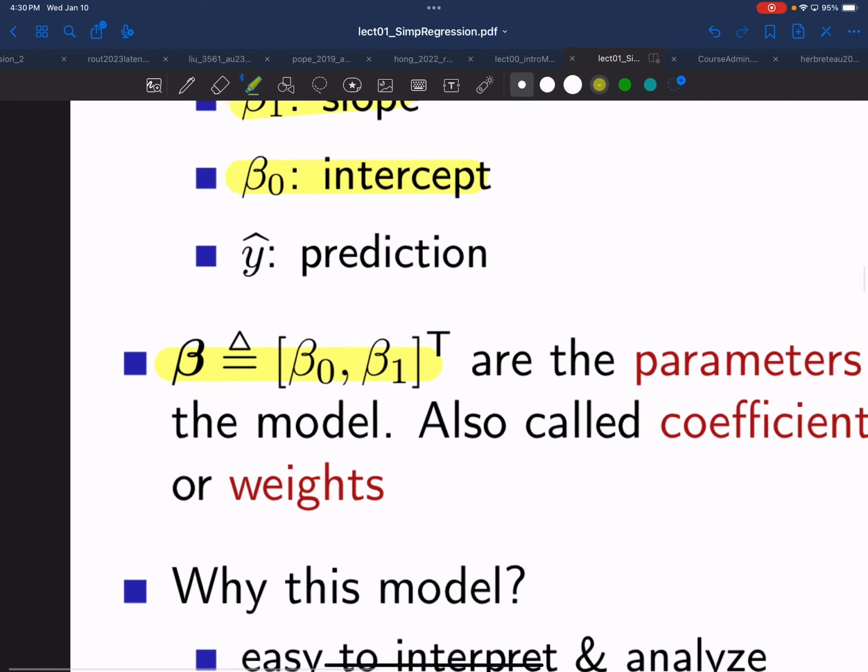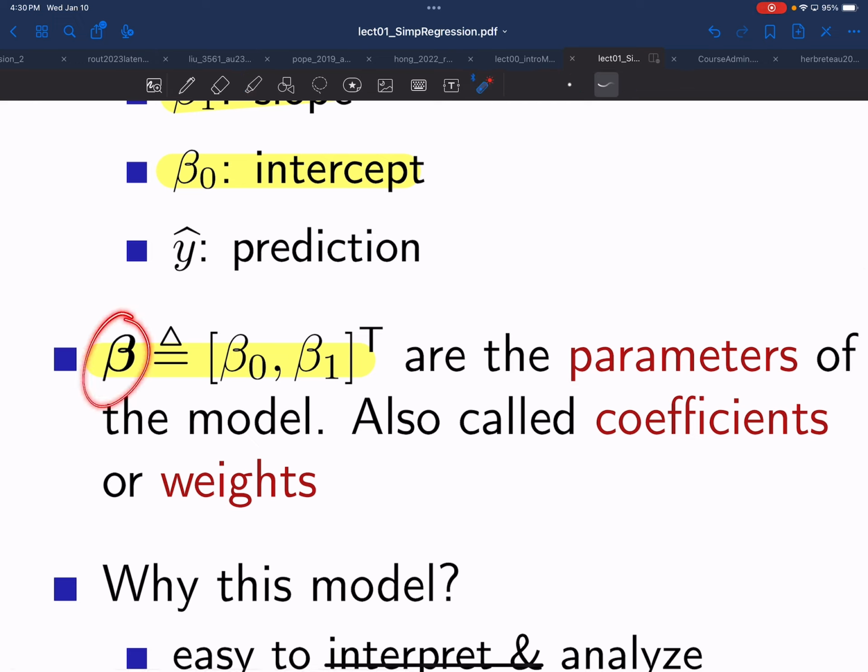So here you can see that beta is bold, whereas these scalars are not bold. That's really useful because sometimes when you look at something, it really helps to know what is a scalar, what is a matrix, what is a vector. So basically lowercase bold is always going to be a vector for me, and it's always going to be a column vector.